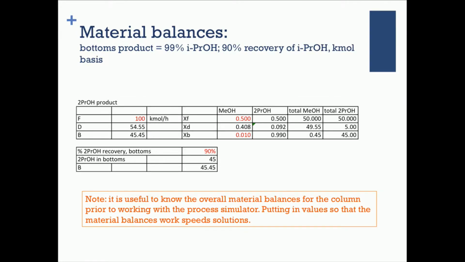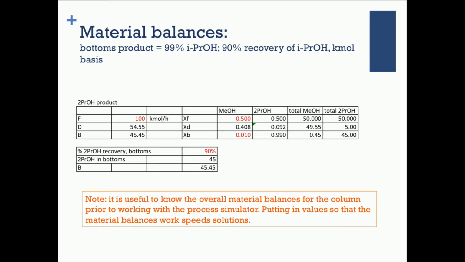And then this is the updated material balance if I wanted to make a bottoms process, which would generate 99% isopropanol at 90% recovery. The reason I show this is that we are getting prepared to do a simulation. When we're going to do this simulation, it's important for us to know the overall material balances for the column.